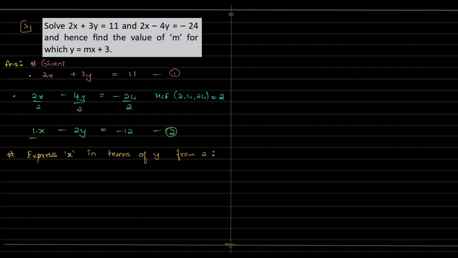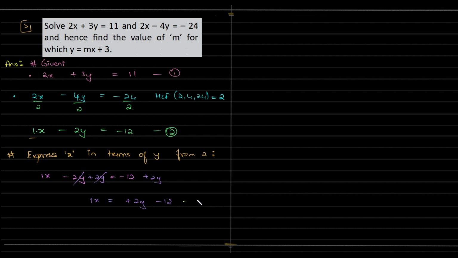So we are looking at 1x minus 2y is equal to minus 12. Plus 2y plus 2y, things get cancelled. So 1x is equal to 2y minus 12.